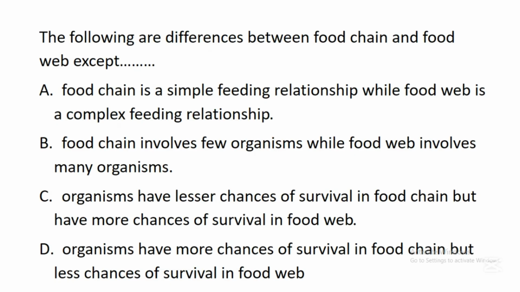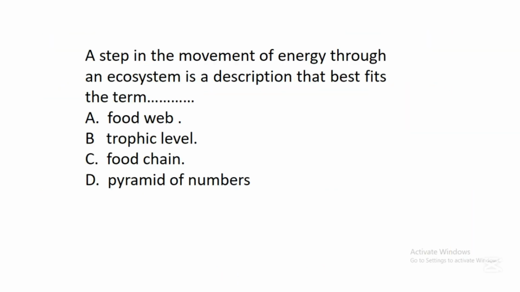D. Organisms have more chances of survival in food chain but less chances of survival in food web. In this question, the correct answer is D. Organisms have more chances of survival in food chain but less chances of survival in food web. Other options such as A, B, C are differences between food chain and food web.